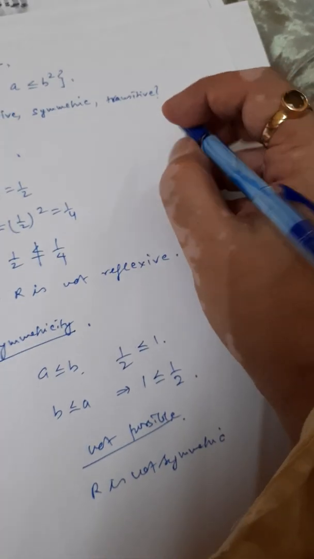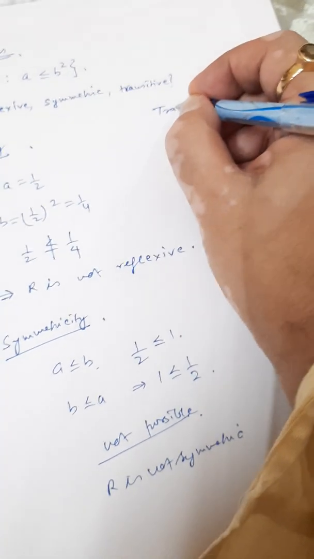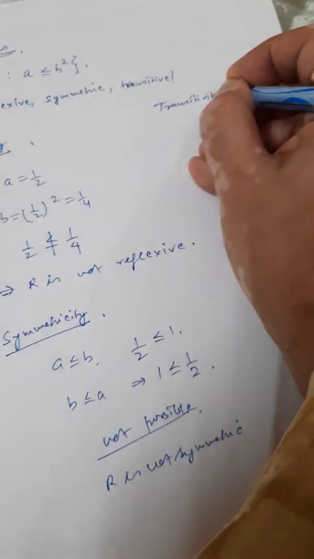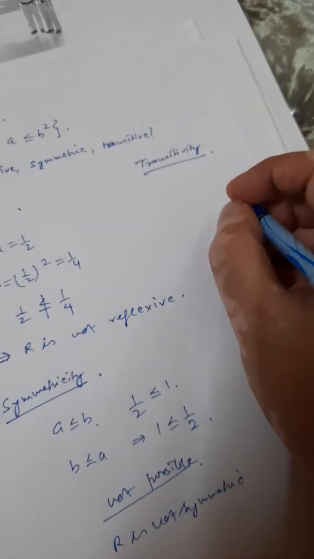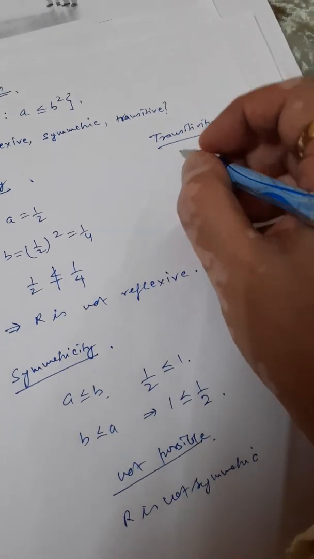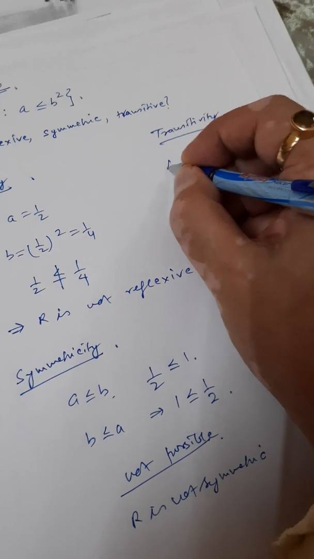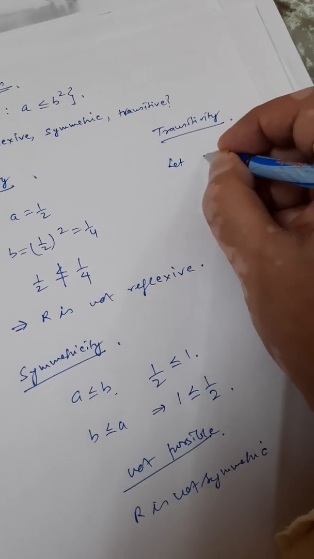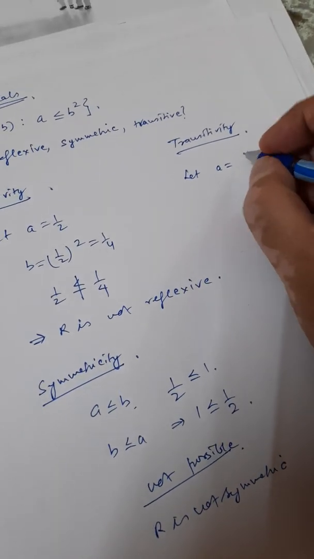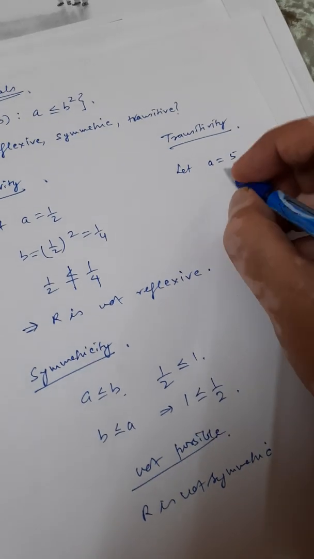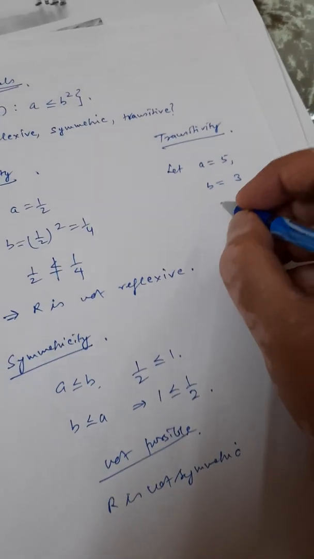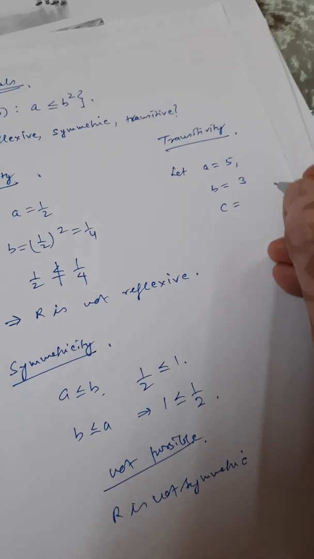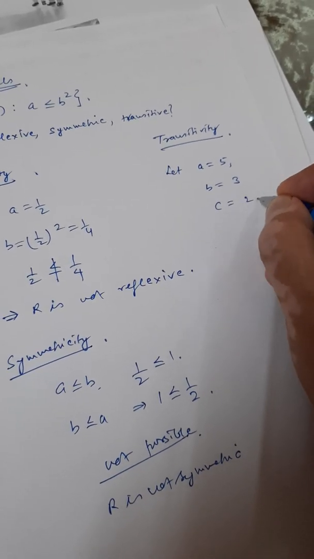Now, as far as transitivity is concerned, in transitivity, you will write: let a equal to say 5, b equal to say 3, and c equal to say 2.